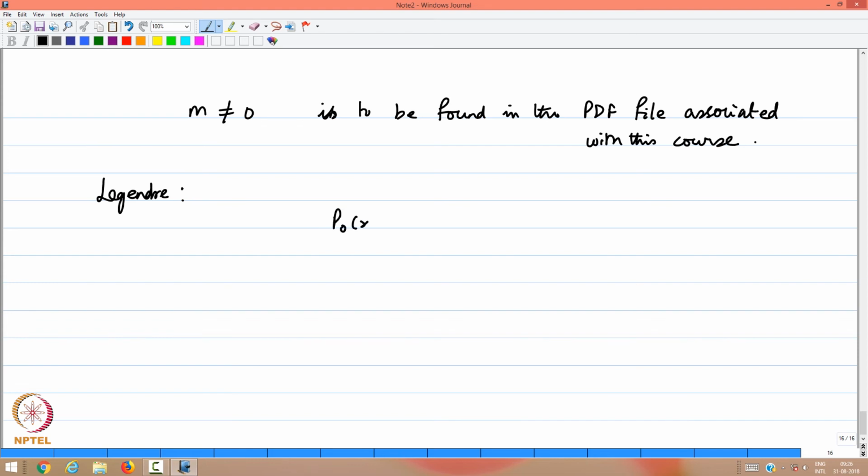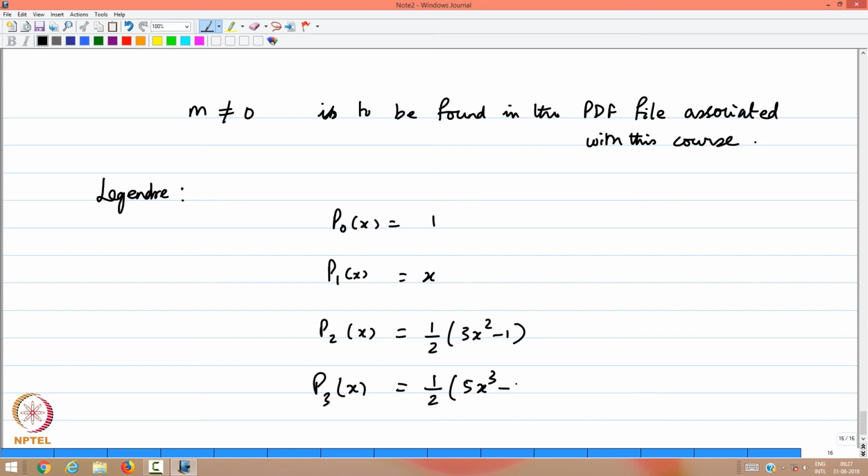P naught of x is 1, P1 of x is x, P2 of x is 1 by 2 times 3 x square minus 1, P3 of x is equal to 1 by 2 times 5 x cube minus 3 x, P4 of x is equal to 1 by 8 times 35 x raised to 4 minus 30 x square plus 3 and so on.